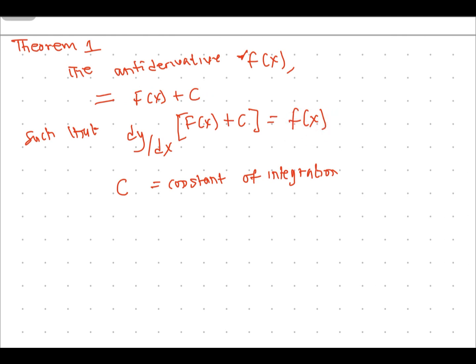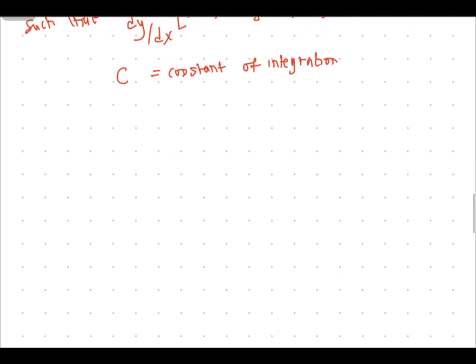This also restates, or emphasizes, the fact that integration is the reverse of what? Differentiation. And c inside that function is a constant of what? Integration. So before that, let's use this theorem to solve some small examples. First, question 1.